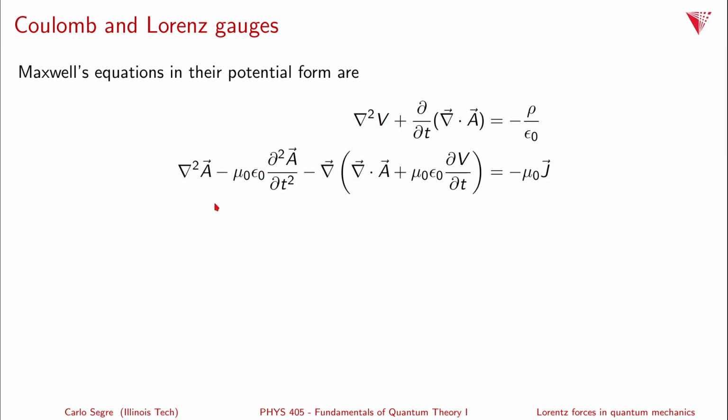And the second Maxwell's equation is ∇²A minus μ₀ε₀ times the second partial of A with respect to time minus ∇ applied to the quantity ∇·A plus μ₀ε₀ partial of the potential with respect to time is equal to −μ₀ times the current density J.